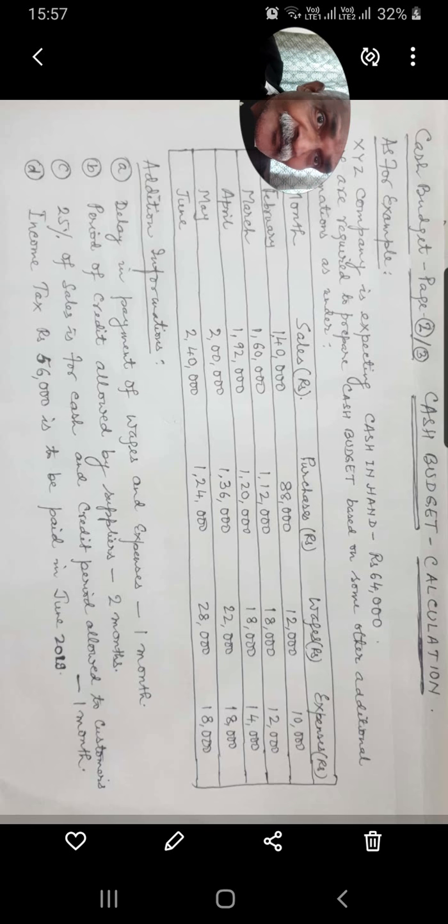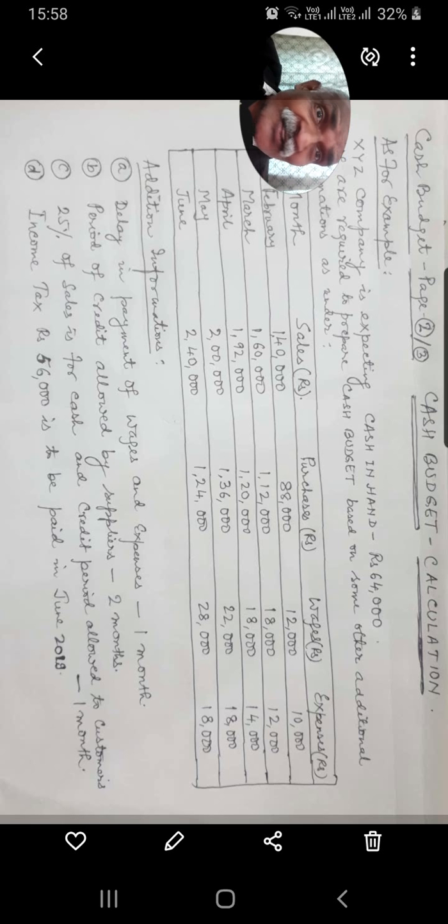It means out of 100 rupees, 25 rupees you sold on cash. And what about the other 75 rupees? That is on credit basis. So how much credit period are you allowing to the customers? 1 month.